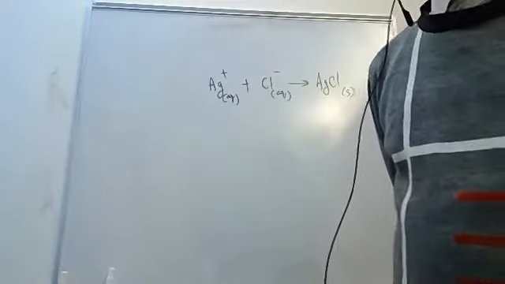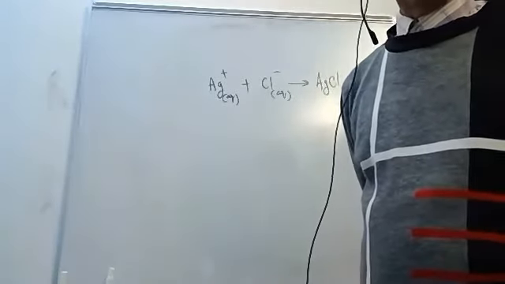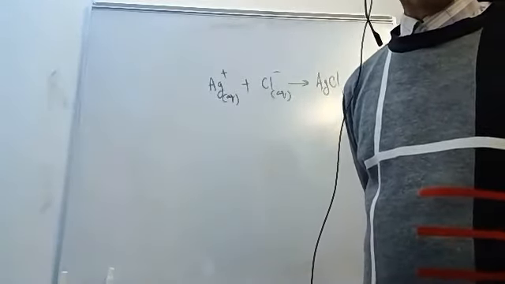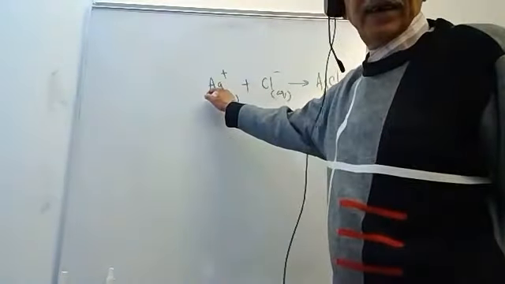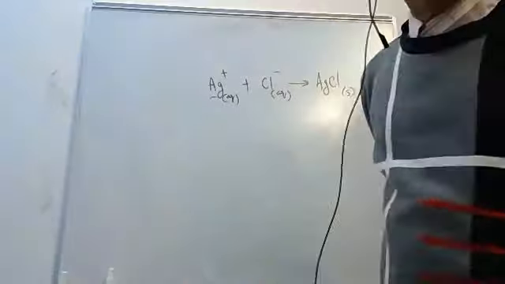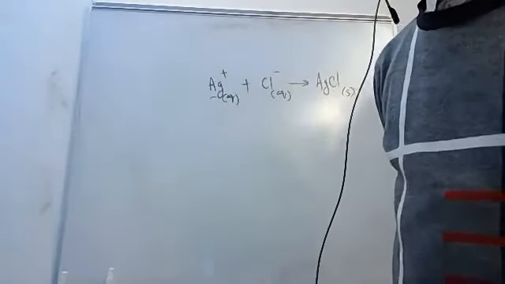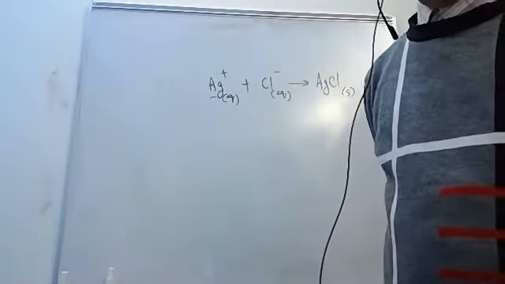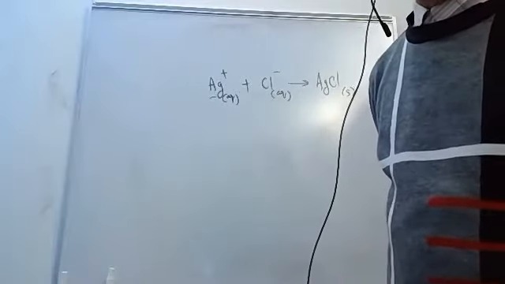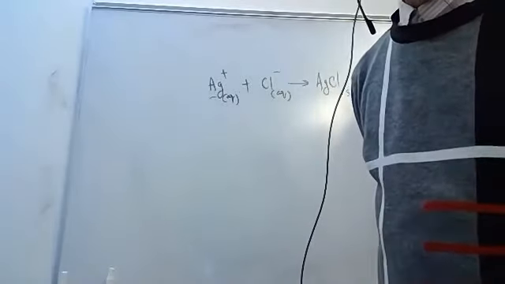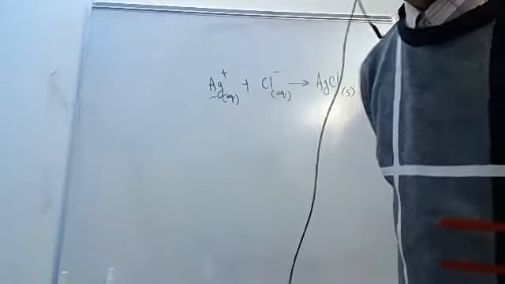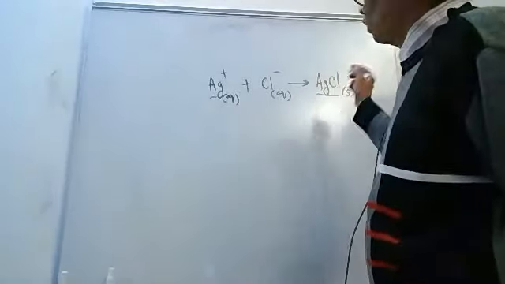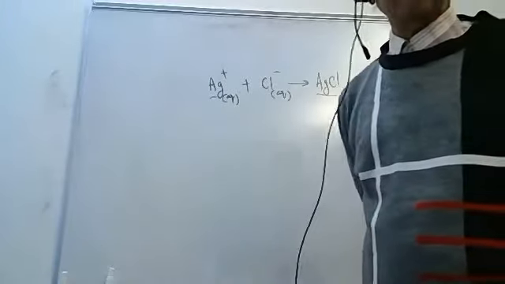AgCl is one of the most insoluble salts, right? So when you take an aqueous solution of silver nitrate and add an aqueous solution of sodium chloride, you get instantaneous precipitation. In fact, that is a test for chloride in qualitative analytical chemistry. This is how you detect the presence of chlorides, and you get a silver chloride white precipitate.